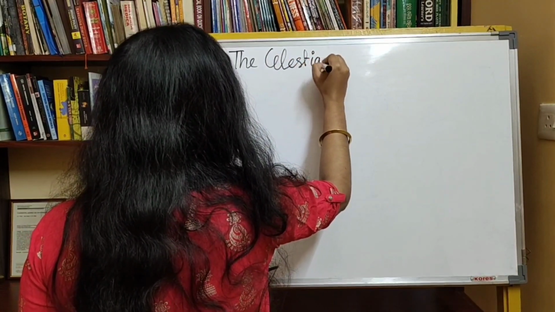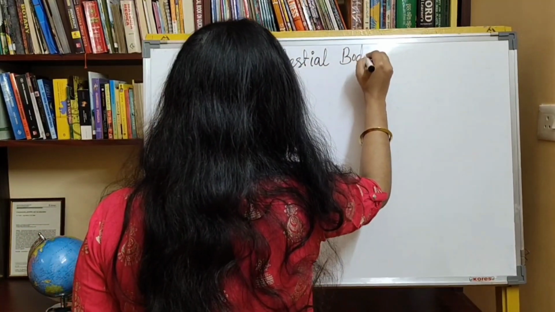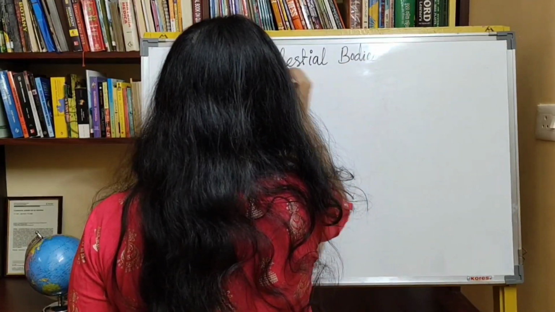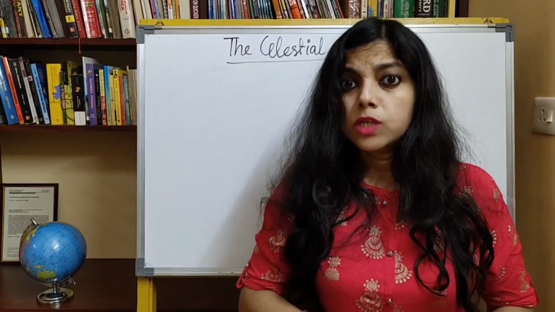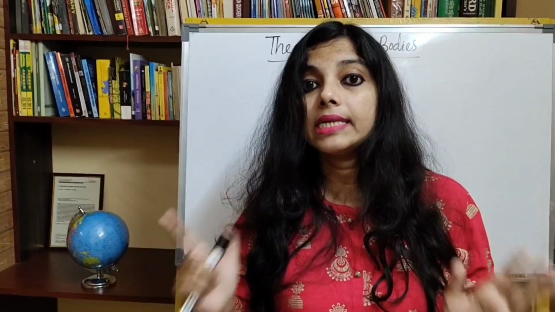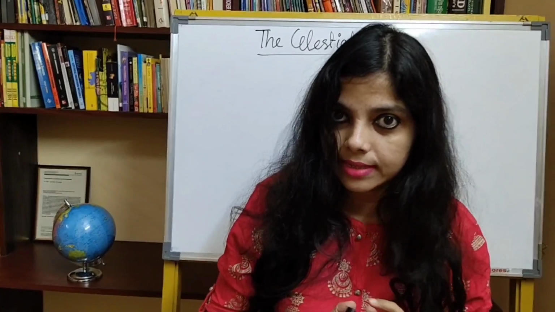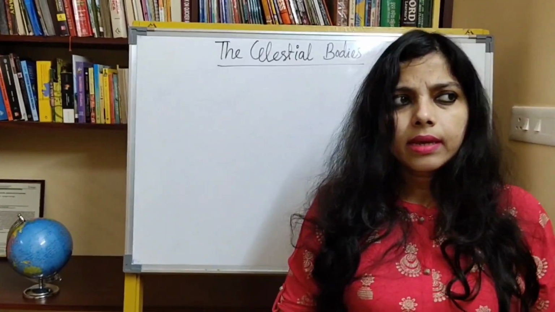Celestial bodies. What do you mean by celestial bodies? Every object that you see in the sky that shines and is bright is known as a celestial object. Like you see stars every night, right?